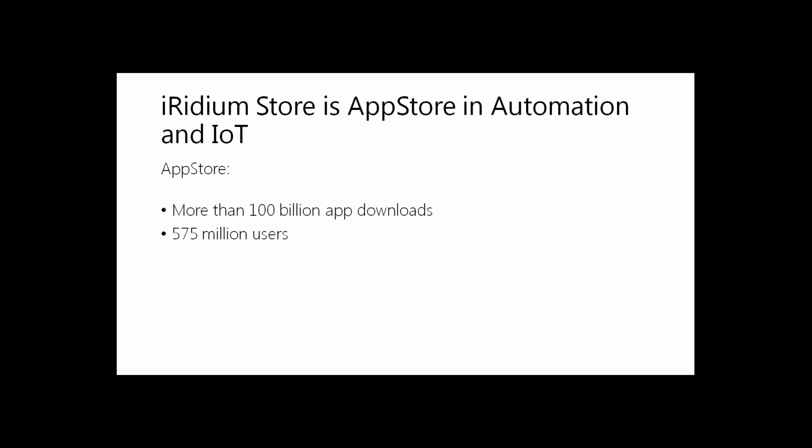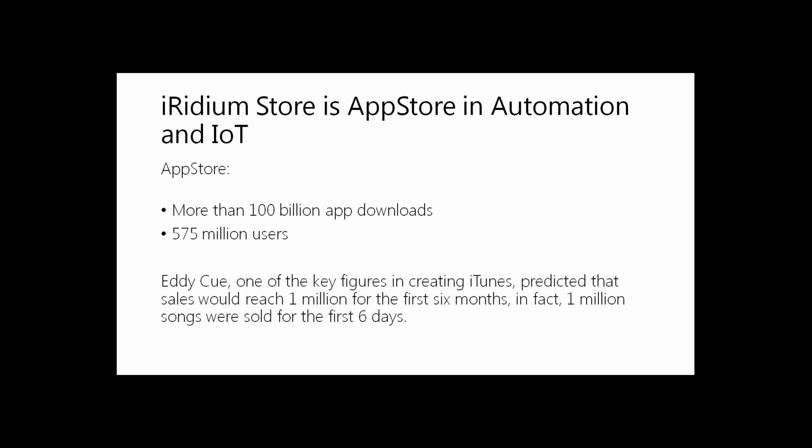When they started, there was zero, of course. iTunes was presented in 2003, and the App Store became a part of iTunes in 2008. When they started, one of their top managers, Eddy Cue, predicted that sales would reach 1 million in the first 6 months, but in fact they sold 1 million songs in the first 6 days.